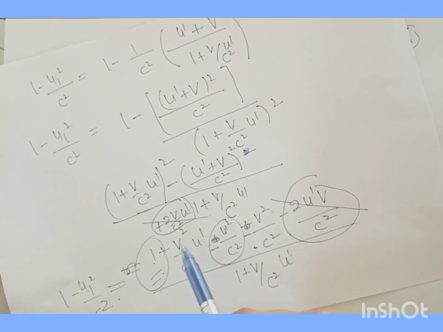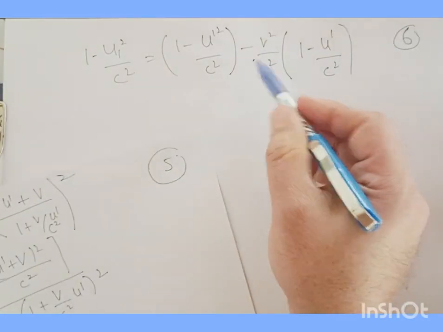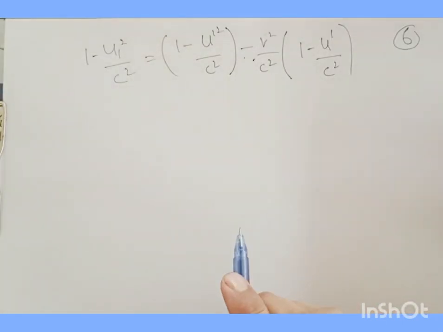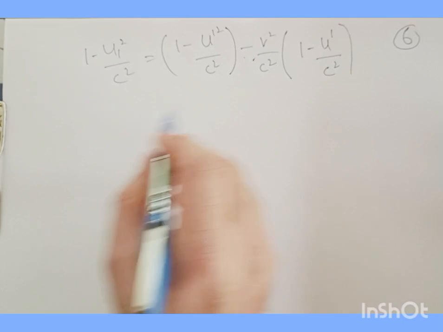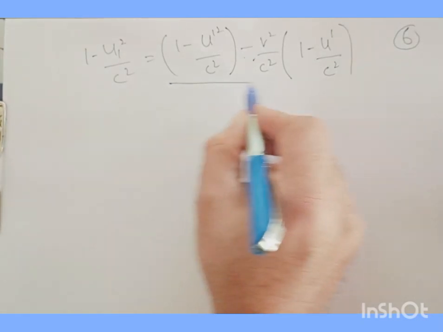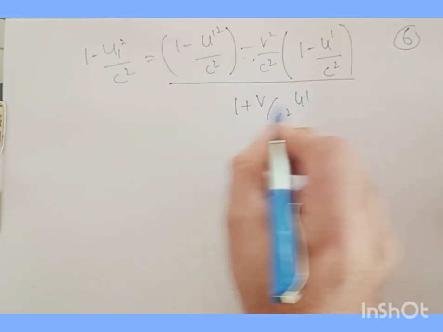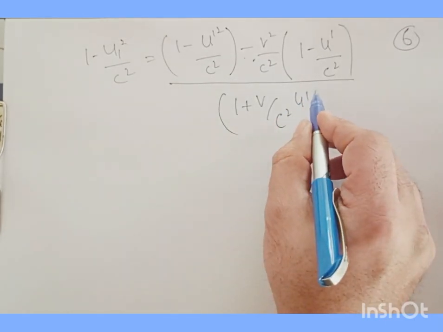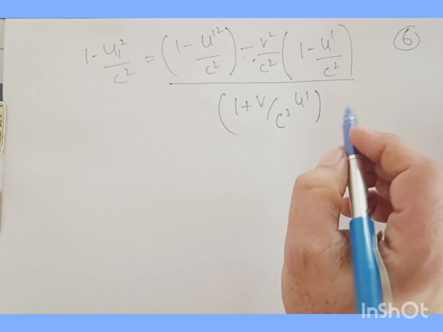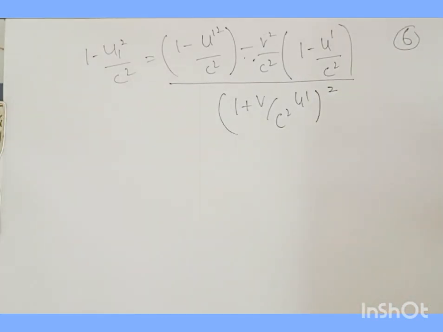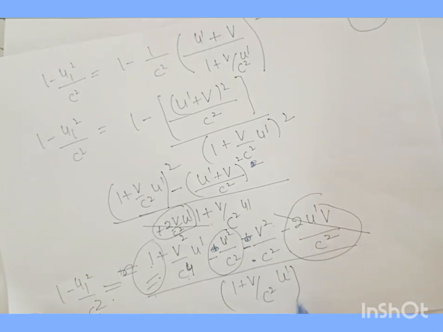So v square by c square is out, and we'll get the same terms if we remultiply. This whole thing is divided by 1 plus v by c square u dash, all whole square. It has to be whole square.